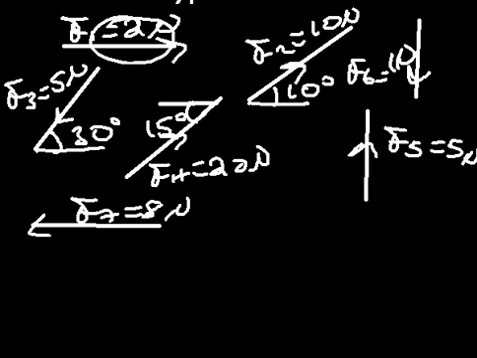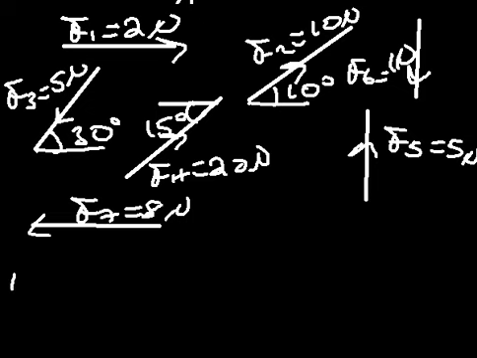So let's start with f1. As you can see, f1 is acting along the x-axis, in the horizontal axis, in the positive direction. So what is the angle? The angle with respect to the x-axis is 0 degrees or 360 degrees.